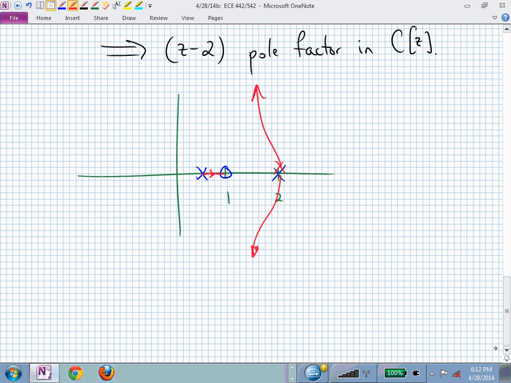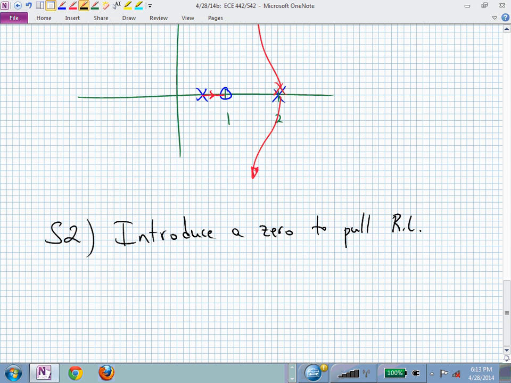So now this strategy that somebody is proposing is, I'll say that's strategy 2: introduce a 0 to pull the root locus into the unit circle.